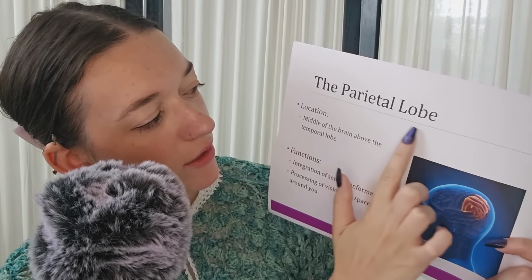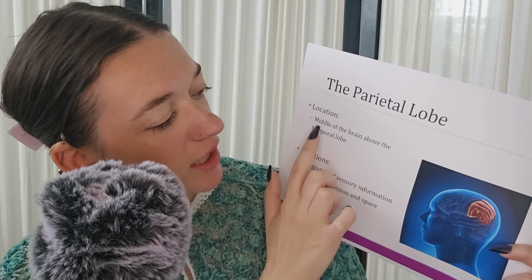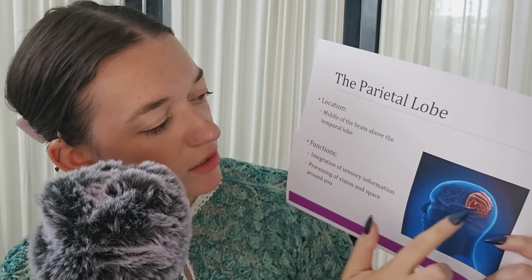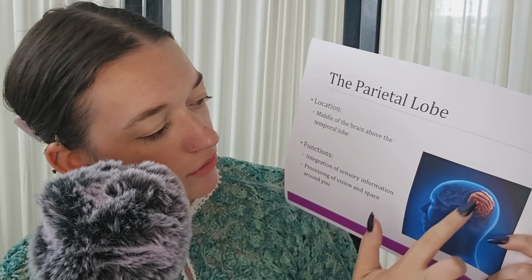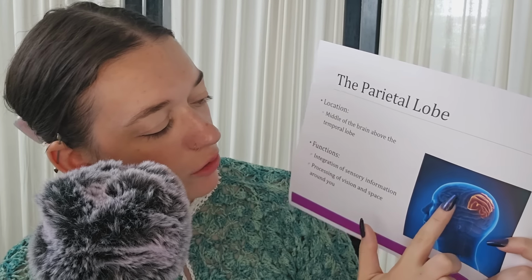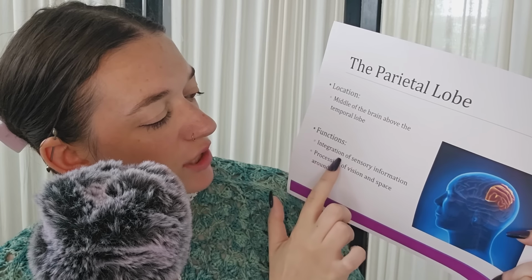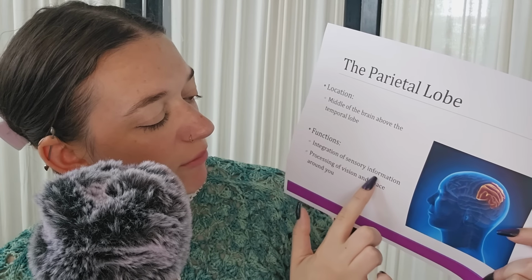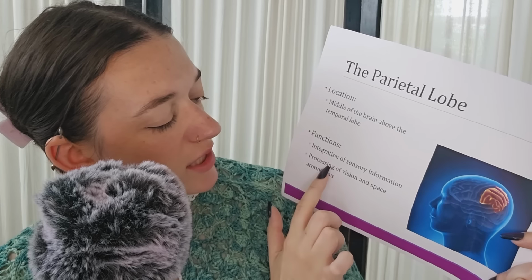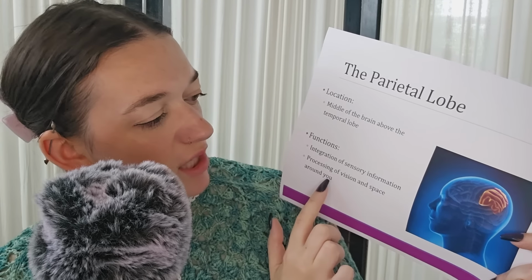The parietal lobe is located in the middle of the brain, right above the temporal lobe. And its functions are the integration of sensory information and processing of vision and space around you.